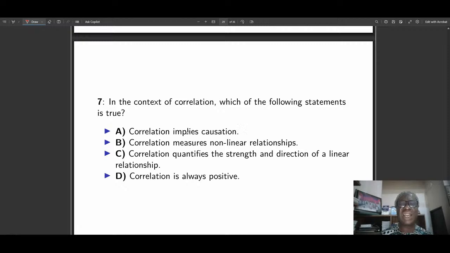Correlation implies causation. Correlation measures nonlinear relationships. Correlation quantifies the strength and direction of a linear relationship. Correlation is always positive. Everybody should get this.